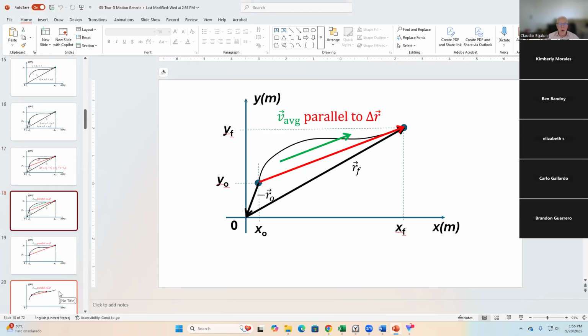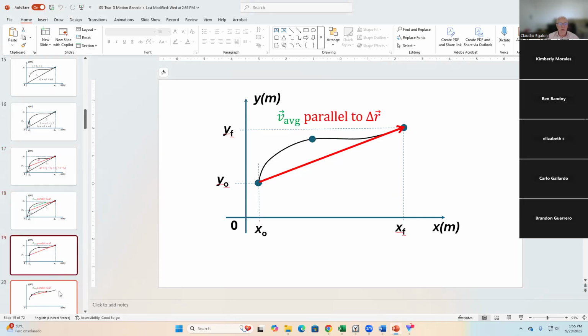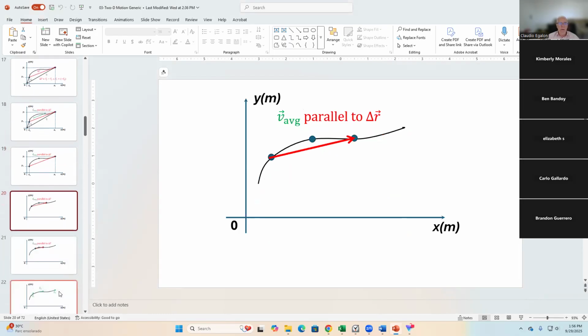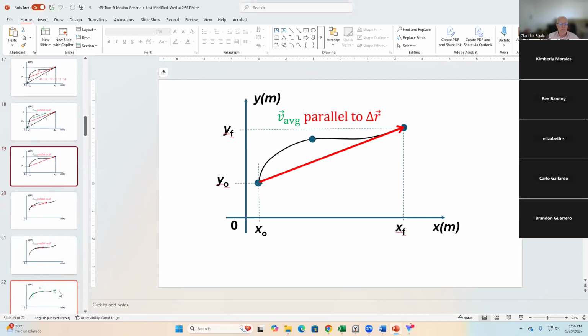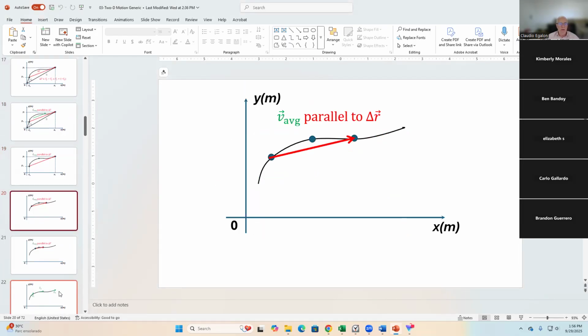If we want to know the instantaneous velocity vector, all we have to do is shrink the delta t interval. By shrinking the delta t interval, we will have to shrink the delta r vector as well. There you go, and that's what we're doing. The average velocity is still parallel to the delta r.